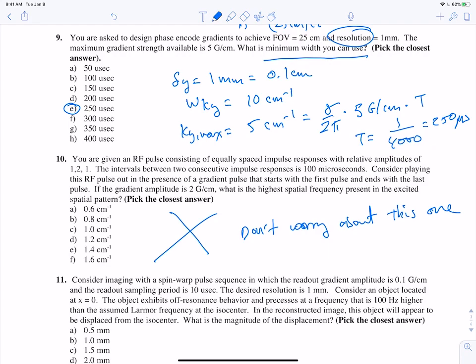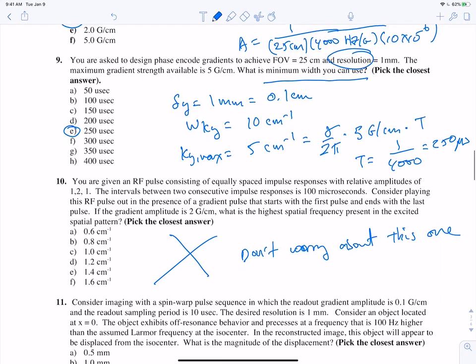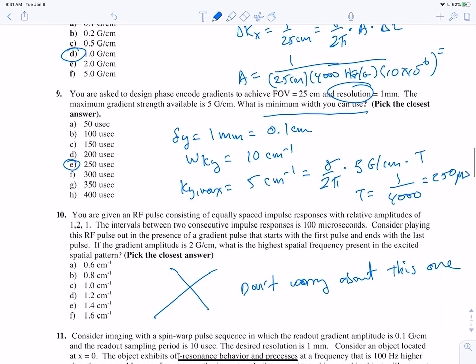Yes? Is number 9 true even for not spin warp? If it's a different way of moving through K-space?